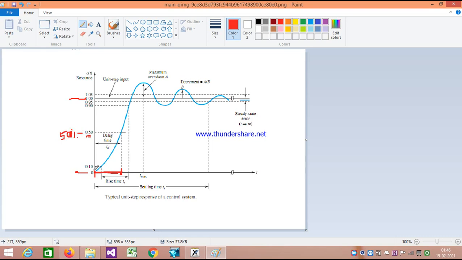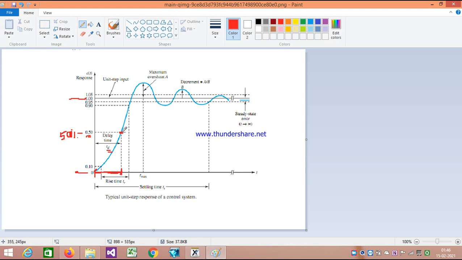When the curve starts from the 0 position and reaches the 50% position, the time required to reach the 50% position is called the delay time. Is it clear? Time required for a curve to reach up to 50% is called the delay time.